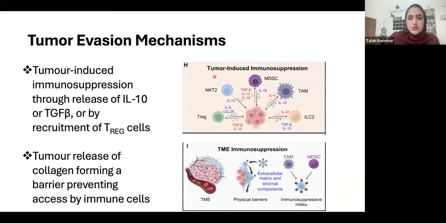We have tumor-induced immunosuppression. This is very interesting. It means the tumor cells know that our immune system is triggered by specific cytokines. Remember how we said interleukin-2 is important to keep the T regulatory cells alive? The tumor knows that, so it prevents interleukin-2 from being produced.